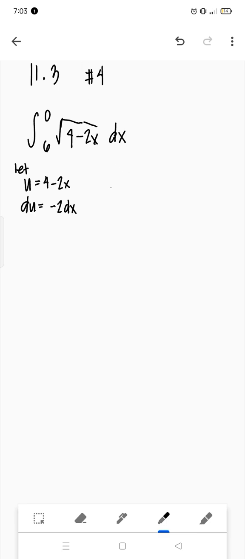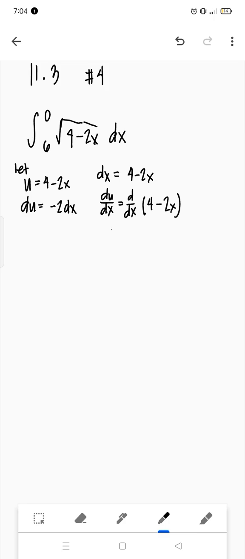And how to get dx? First, we have 4 minus 2x, in which we will get the derivative of that, which will be du over dx is equal to d over dx of 4 minus 2x.